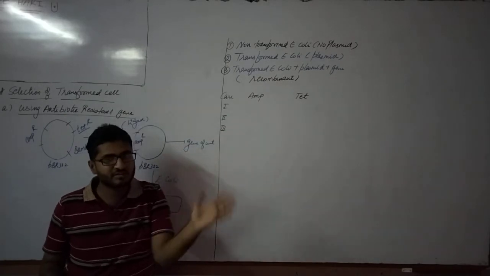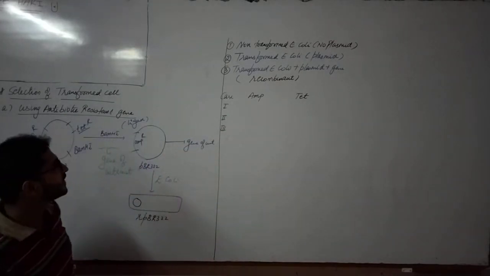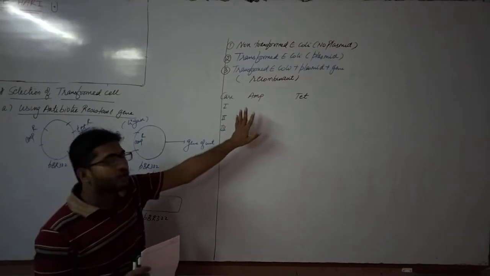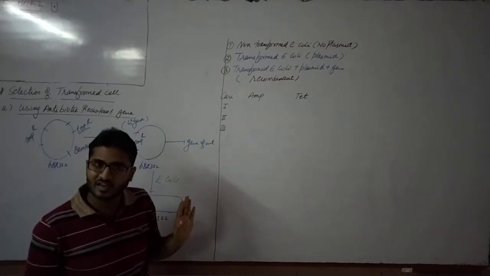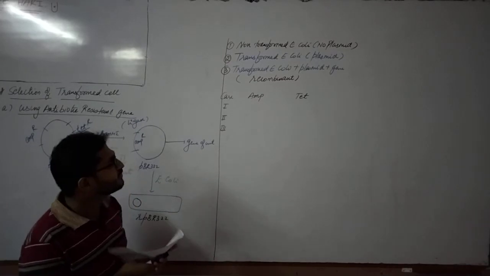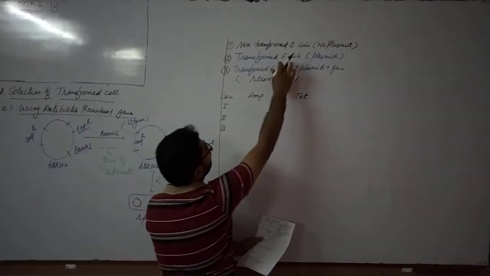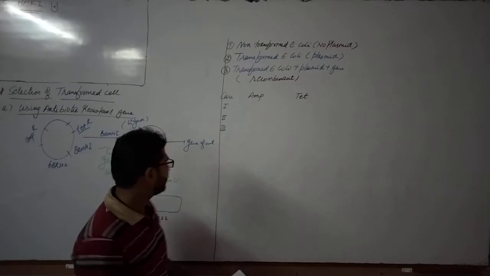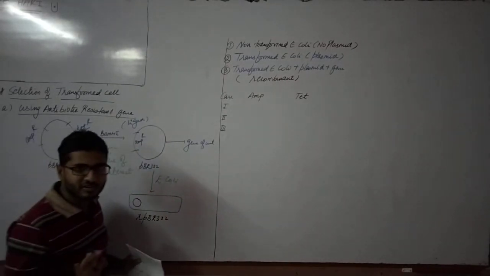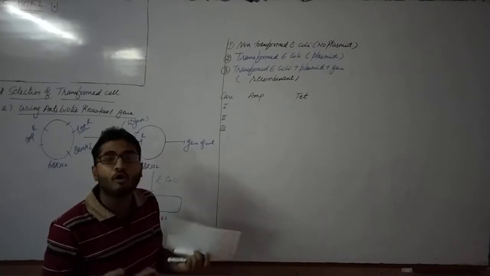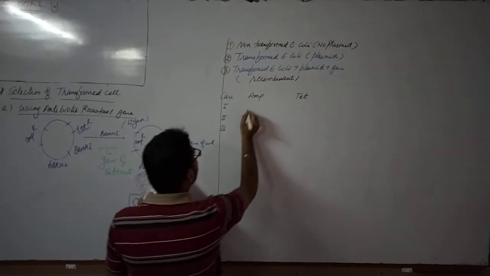The first set with ampicillin, the second set with tetracycline. Now, normally we know the E. coli cell, the bacterium, has no resistance against antibiotics, right? So in the first case, it is a non-transformed E. coli, no plasmid. If there is no plasmid, there is no ampicillin resistance, no tetracycline resistance. If there is no resistance, how will E. coli grow?